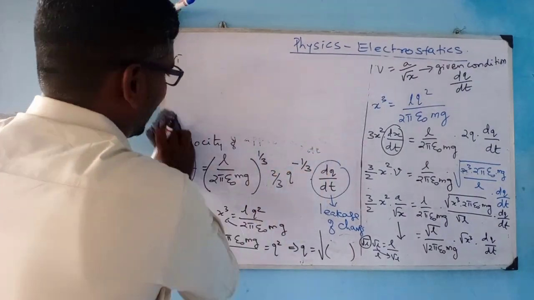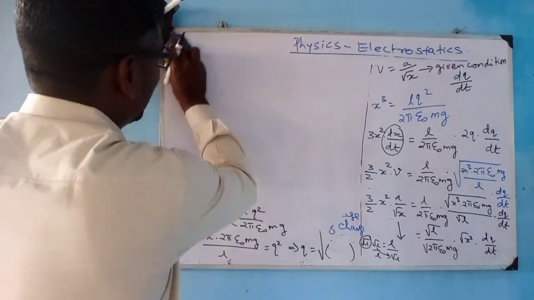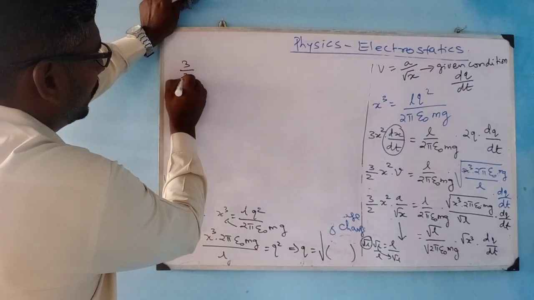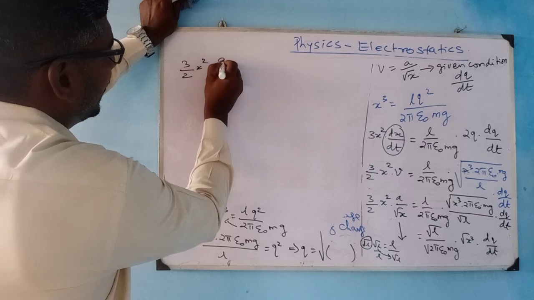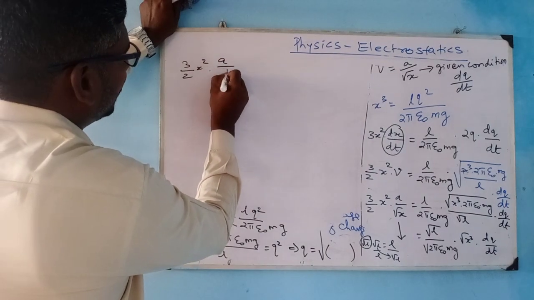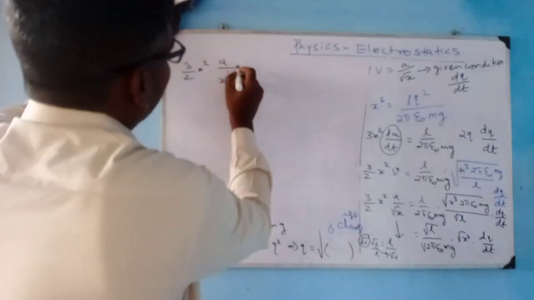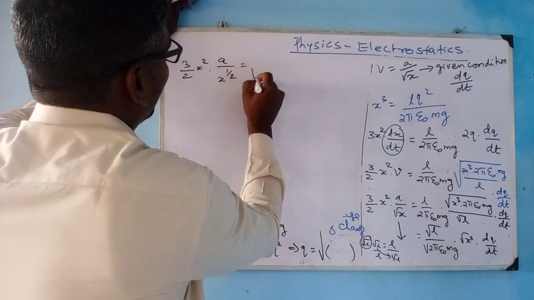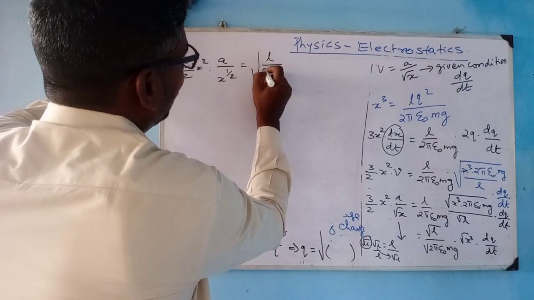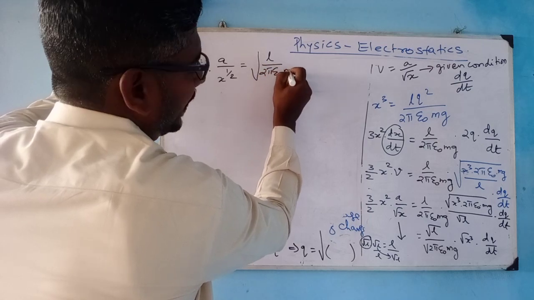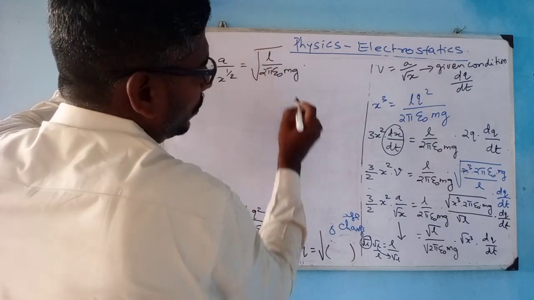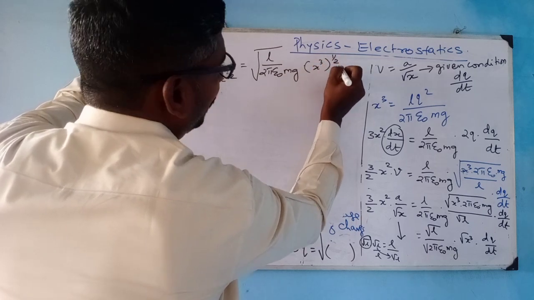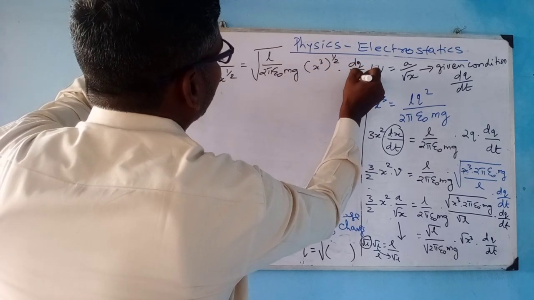Now, again simplifying this mathematical equation, what I am going to get is 3 by 2 x square, a by root x, which I can write as x to the power 1 by 2, equal to square root of L divided by, that is the whole square root, L by 2 pi epsilon naught mg, and this square root of x cube is x cube to the power 1 by 2, into dq by dt.